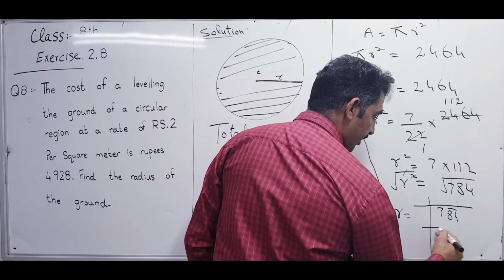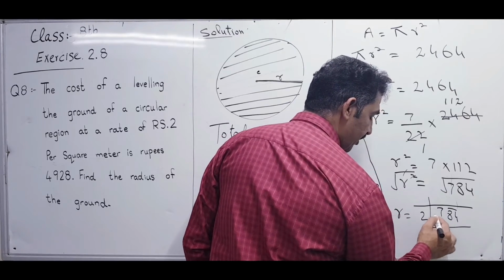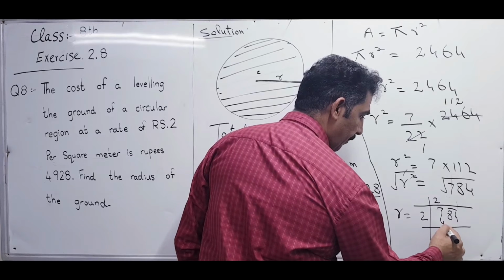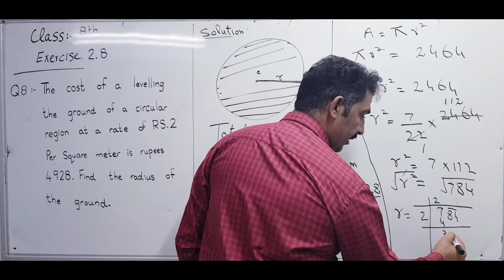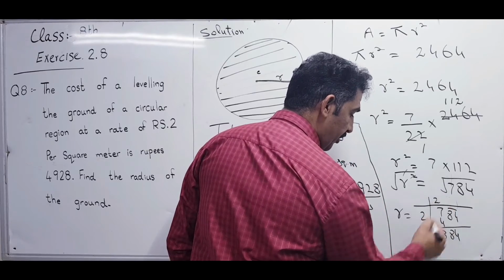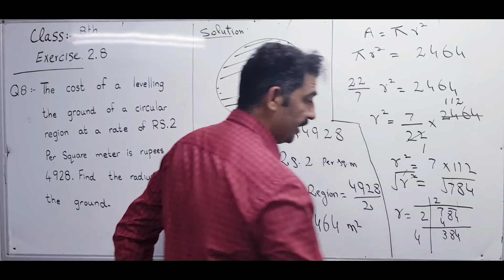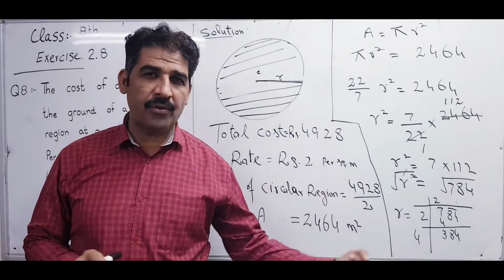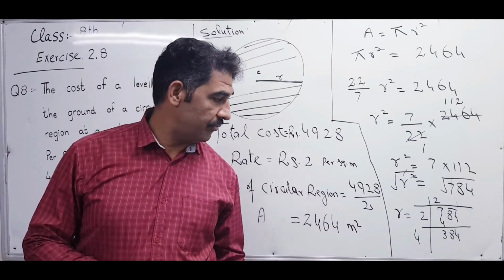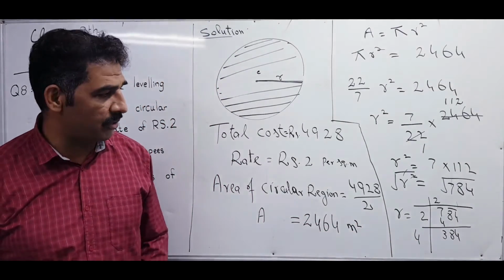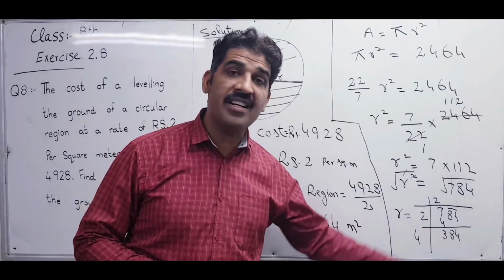So which is the first number? 2 twos are 4, because 3 3s are 9, which is greater, so 2 twos are 4, 3 remainder. The next pair comes down, double of 2 is equal to 4. The last digit is coming in the two numbers. 2 twos are 4 is very less, because 42 into 2 will become 84, but our number is 384.